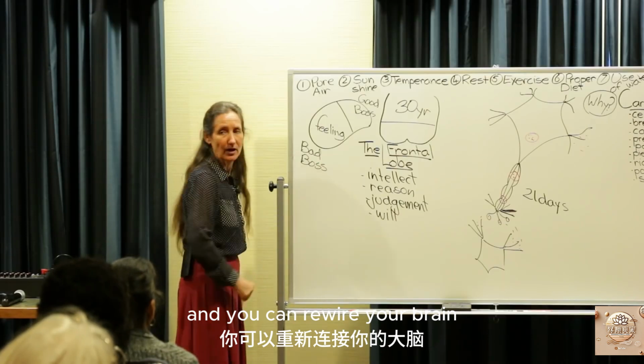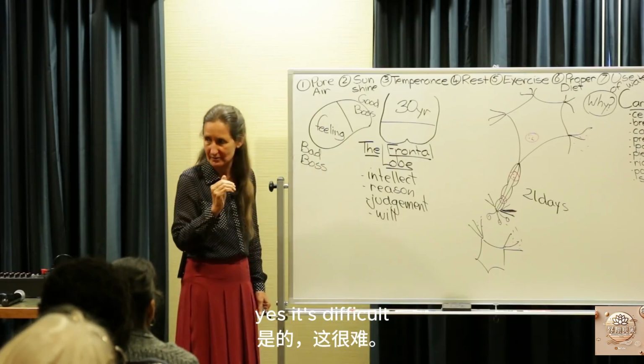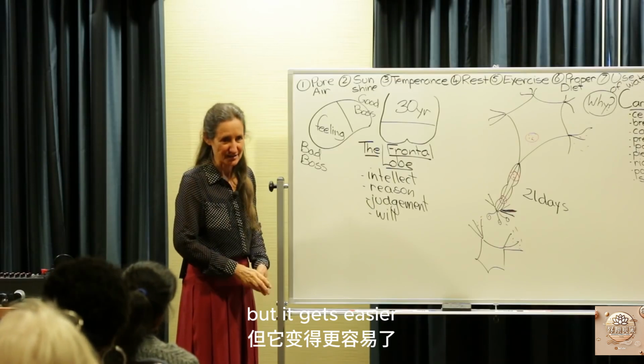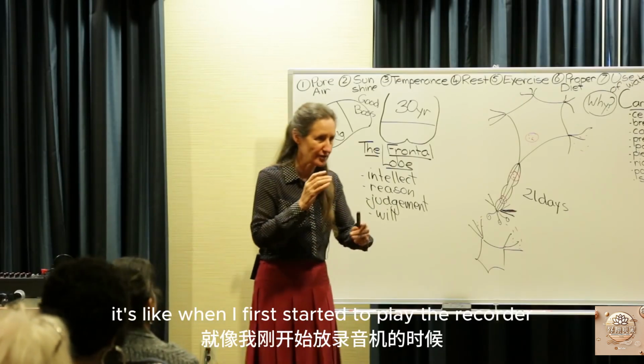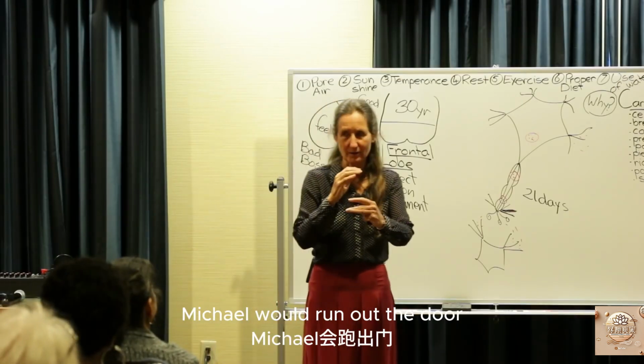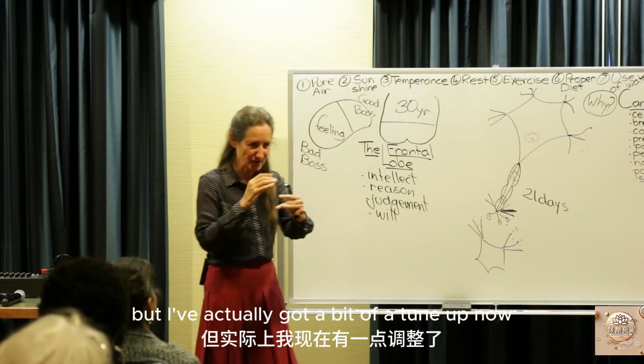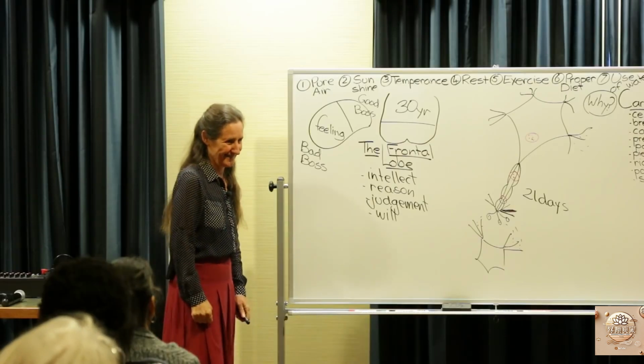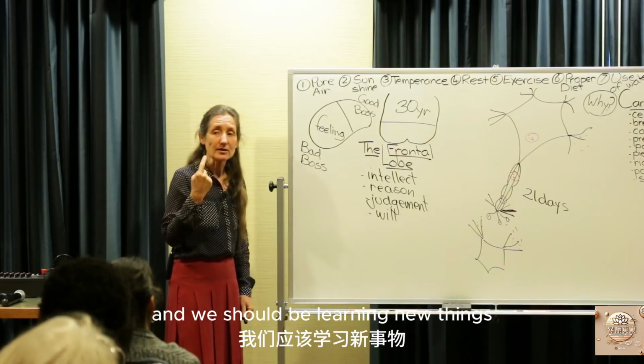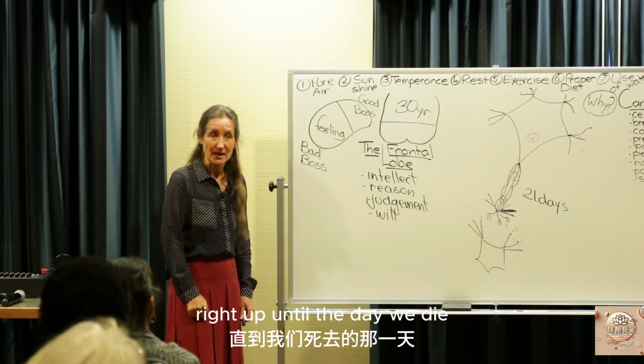And you can rewire your brain. Yes, it's difficult, but it gets easier. It's like when I first started to play the recorder, Michael would run out the door. But I've actually got a bit of a tune-up now. And we should be learning new things right up until the day we die.